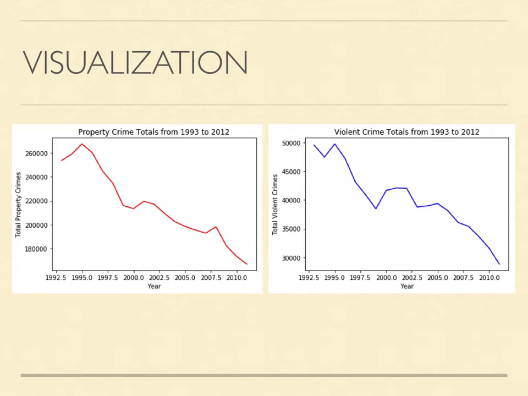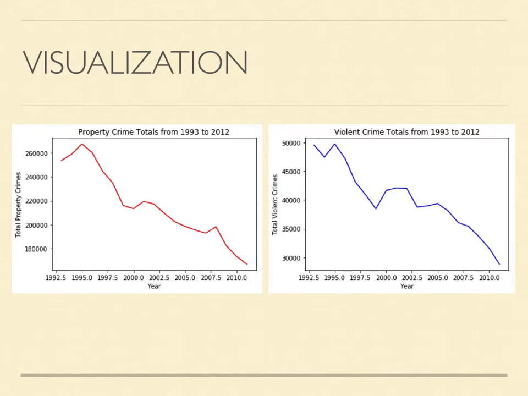Both visualizations have in common that they showed fairly high crimes during 1993. However, property crimes increased until 1995, and then they began to decline until 2012, resulting in less than 18,000 total property crimes.